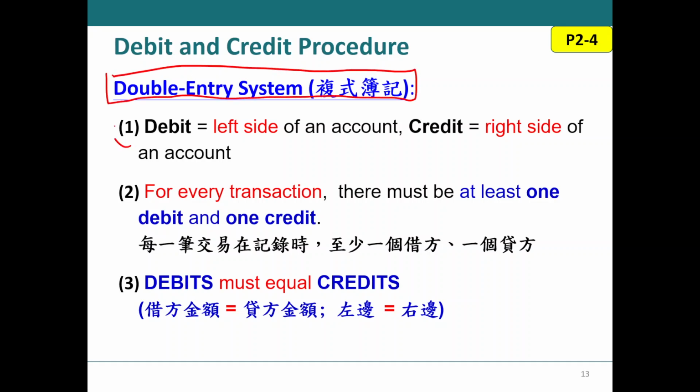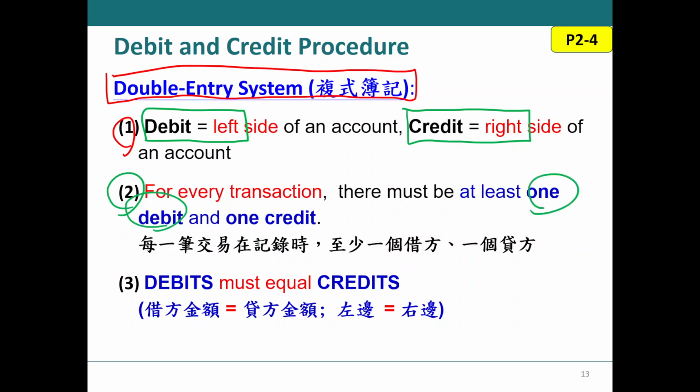So what's the first rule? Remember, debit is the left, credit is the right. This is the only meaning. Debit is left, credit is right. Second one, remember, for each transaction, we have one debit, one credit. So you have one left hand, one right hand, right? So don't forget, at least we have one debit, one credit. Third one, remember?